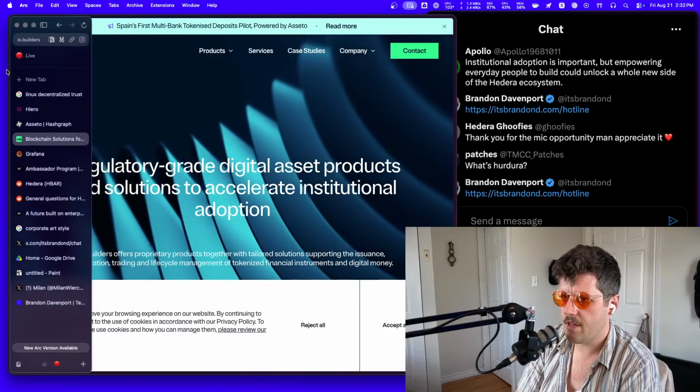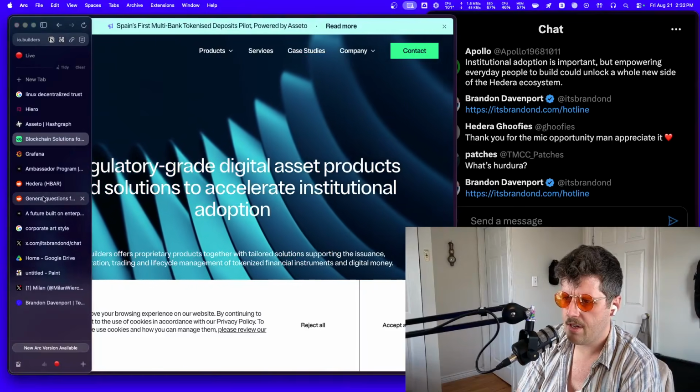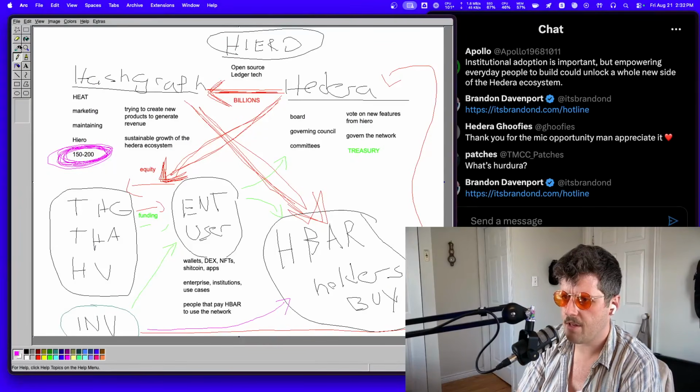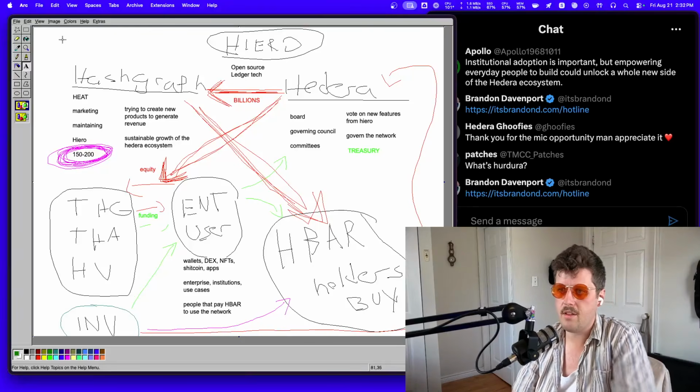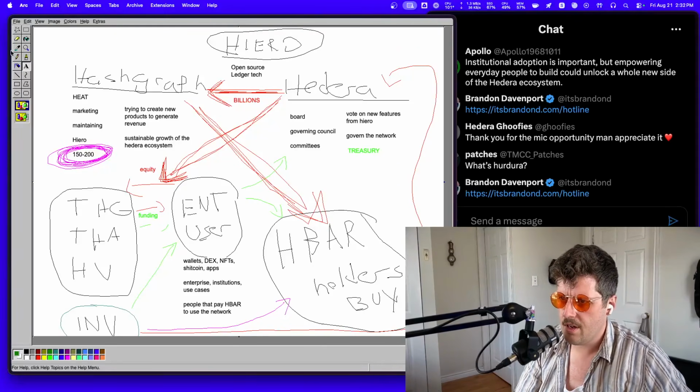So that's another thing, is you'll also have Hashgraph and some of these other entities. We'll add another blue thing here. We already have investments here. So what we'll do is we'll say Hashgraph, maybe Hedera, but Hashgraph.